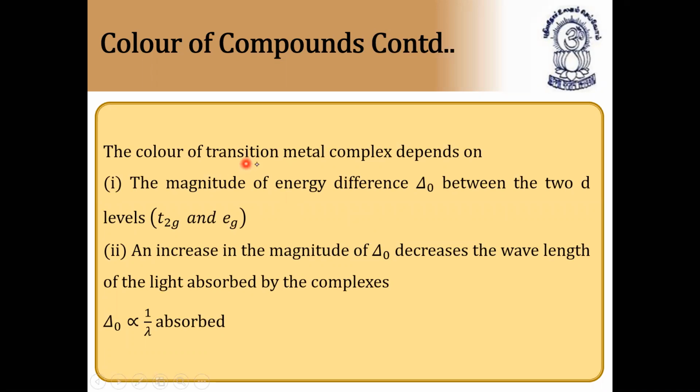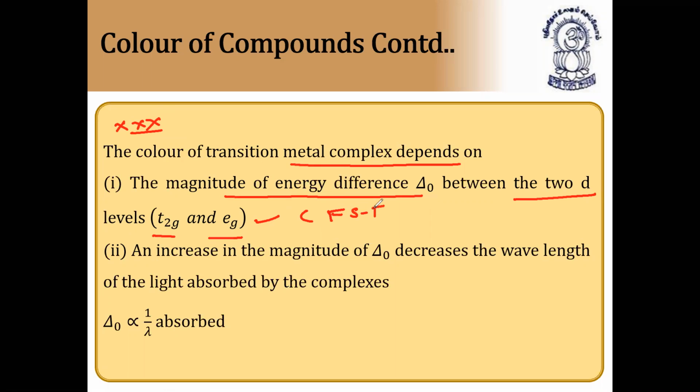The color of a transition metal complex depends upon the magnitude. This is also important; they'll ask this in reasoning type questions. The color of a transition metal complex depends upon the magnitude of the energy difference delta naught between the two d levels, that is t2g and eg. This we'll discuss in crystal field splitting energy in coordination compounds.